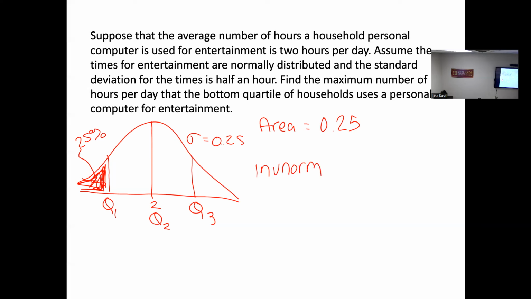If they're having me look for an X value for a given area under the curve or a probability, that's what the first quartile does. It breaks my data into quarters. So the area under the curve is 0.25. This is an inverse normal with the area under the curve being 0.25, my mean being 2, and my standard deviation being 0.5.